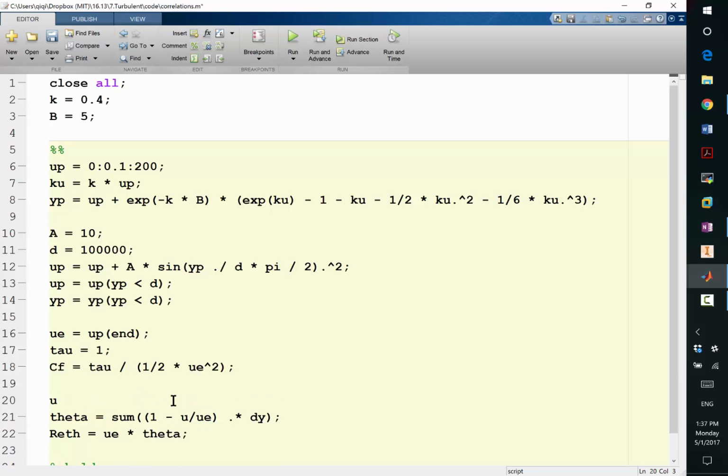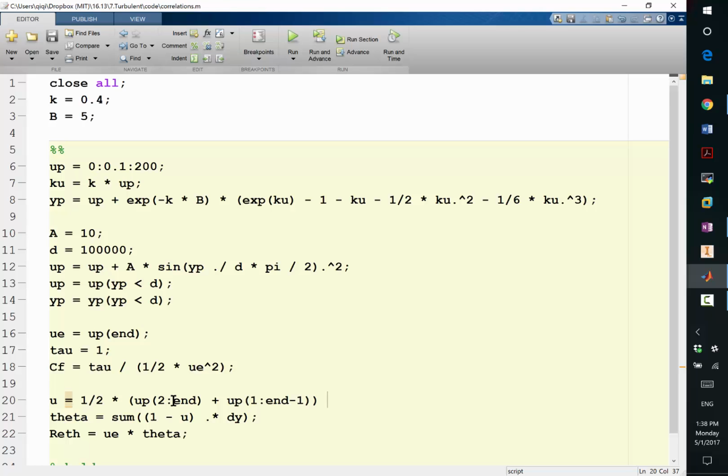So u is basically, okay, so let me actually say this. U is equal to up 2 to end plus up 1 to end minus 1, half of that. So I'm averaging the velocity within each interval, right?